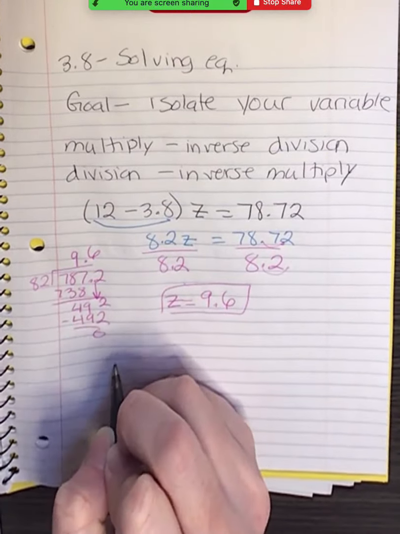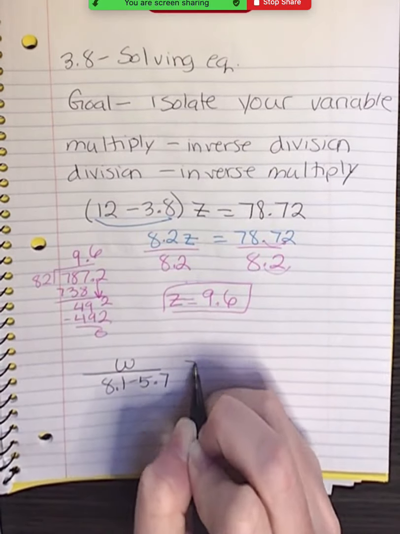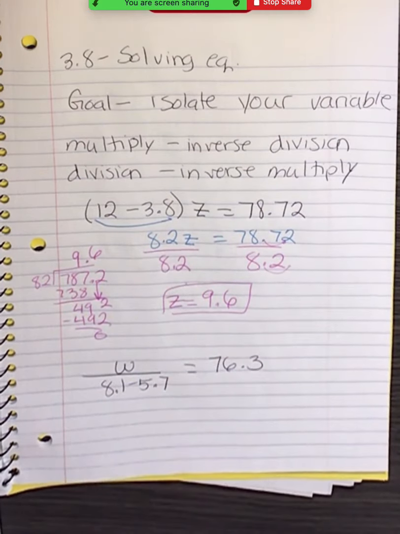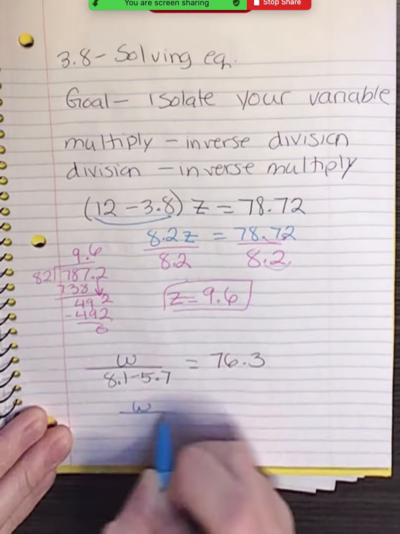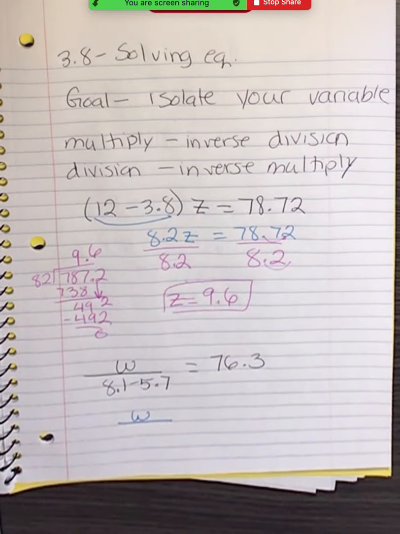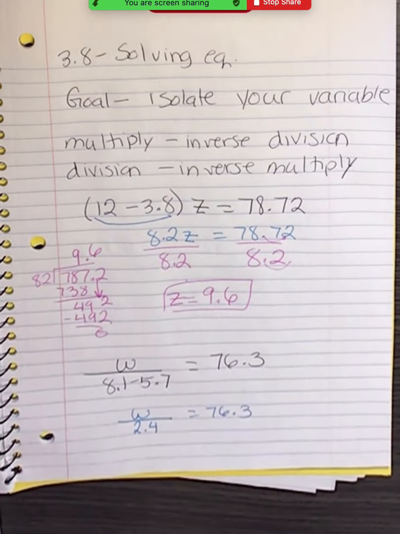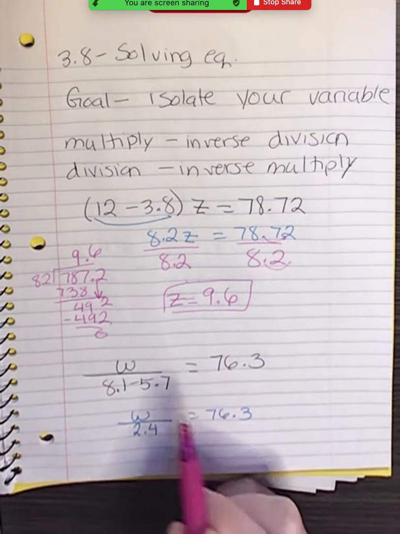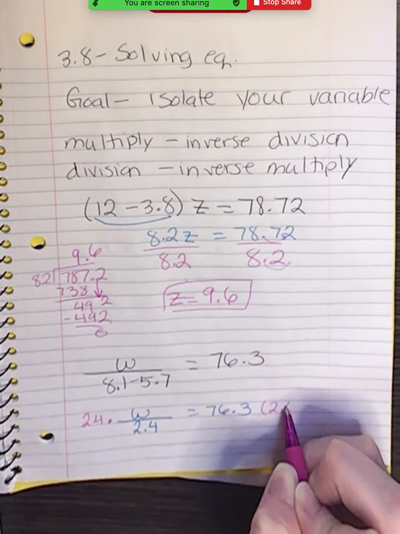Okay, then W divided by 8.1 minus 5.7 equals 76.3. So you need to simplify first, so we can do this subtraction. So we get W divided by 8.1 minus 5.7 is 2.4. That equals 76.3. Then the operation we have here is division, so you undo that by multiplying both sides by 2.4.